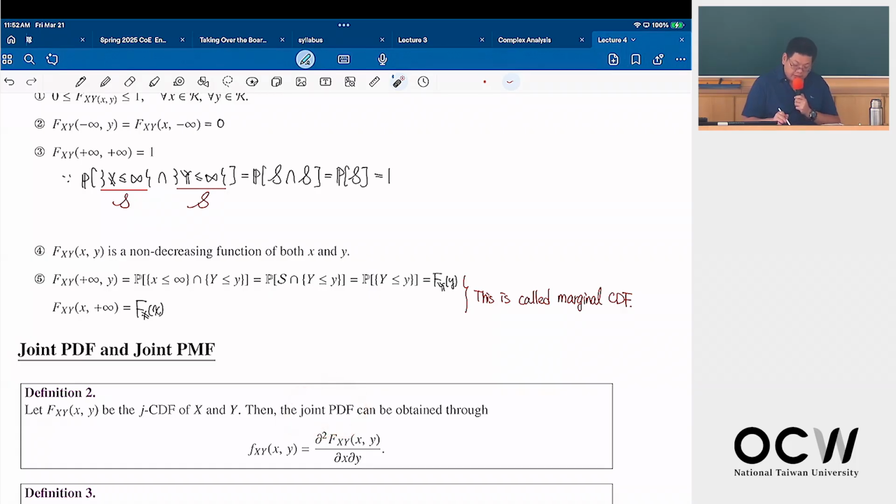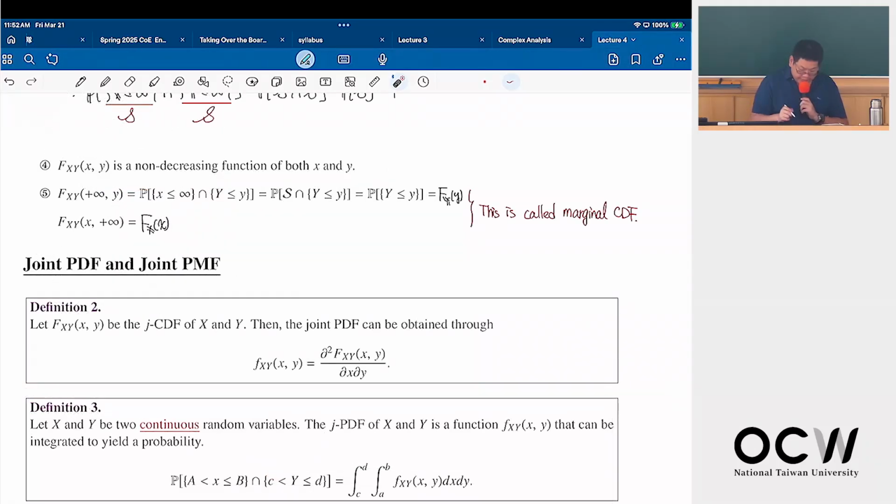We know that for a PDF, you can take the derivative of your CDF to get it. Similarly, we take the partial derivatives with respect to x and y, then we get the joint PDF. I have x and y, two continuous random variables. We can also get the joint CDF by doing the integration.